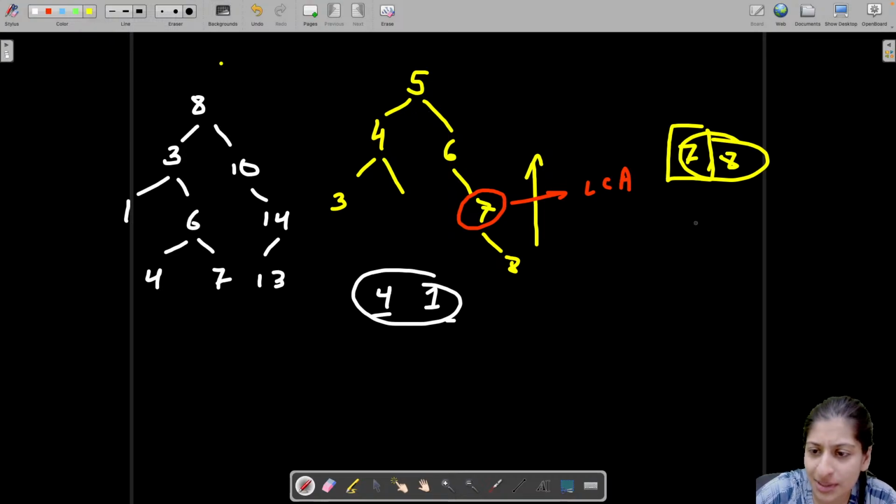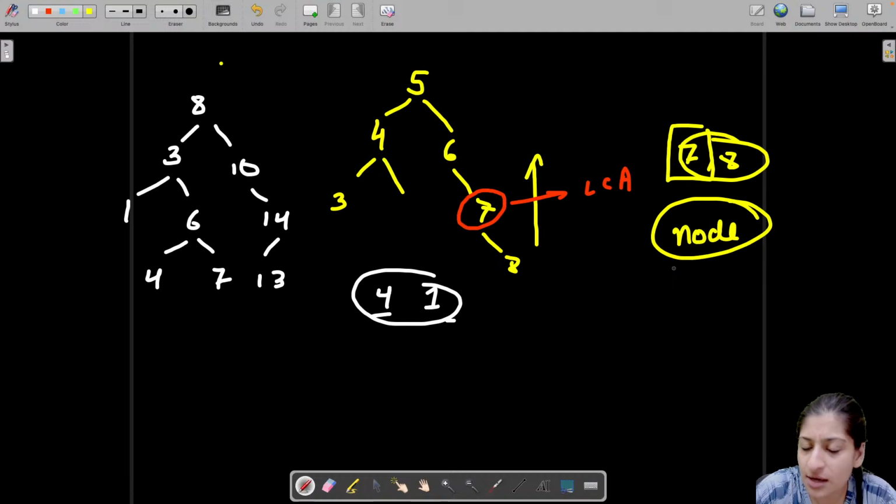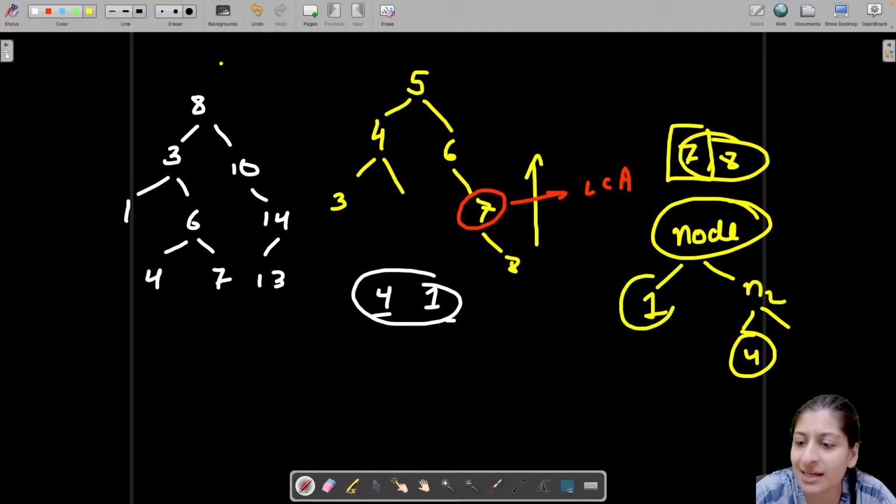So what are the possibilities? For example, there is some node which has 4 probably on its right, and 1 is present directly here. So in that case this will act as an LCA.